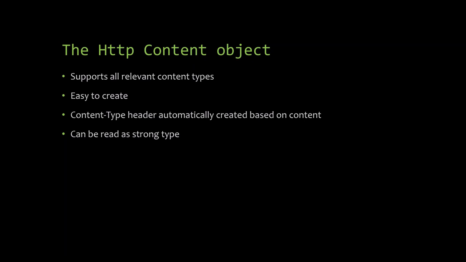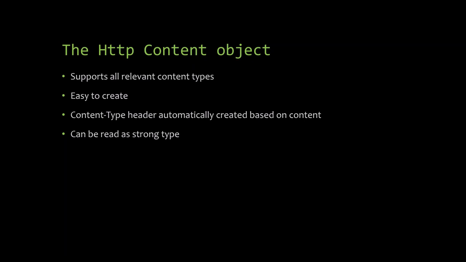You probably know that the HTTP content object usually has a content type header with a default value of text/plain. And you need to remove that content type header, and then you can set it to, for example, application/JSON or whatever it is that you want to send as content.